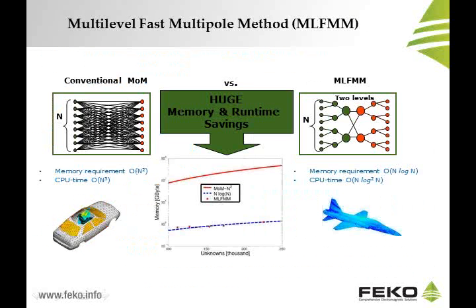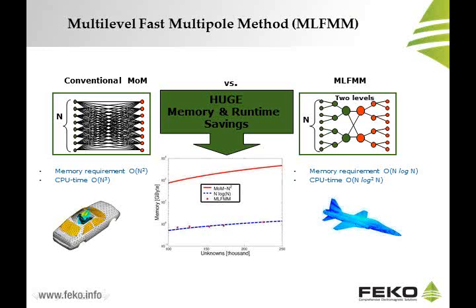The next example I would like to briefly cover is the replacement of the traditional method of moments by a faster integral equation solver, the multilevel fast multipole method, which we released back in 2004.